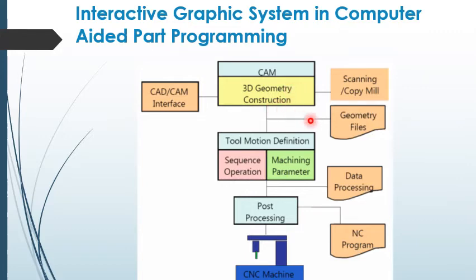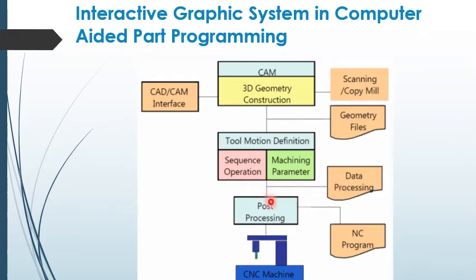Whatever geometric files we have, we have to get from the CAM part. Then these go to tool motion, where we decide the sequencing of operations and set the machining parameters. Then we do data processing.